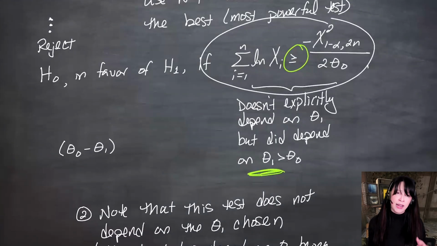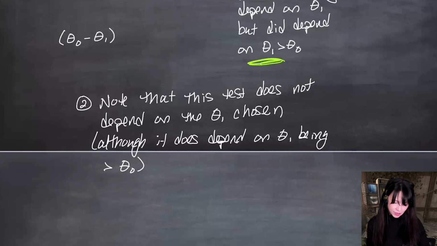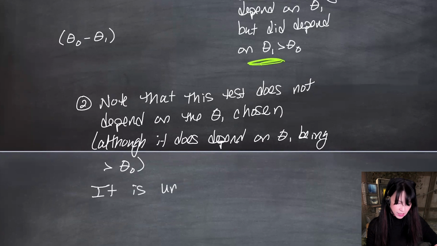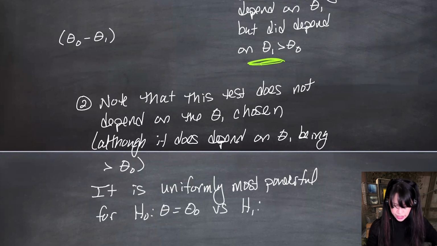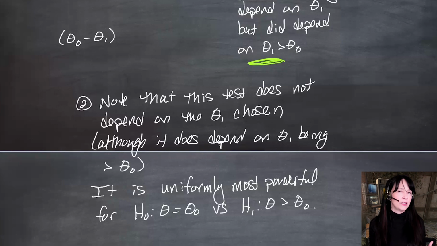This test that's in the circle now is the best or most powerful test that works for all theta 1 in that region. And so to finish this off, it is uniformly best or most powerful for the hypothesis that theta equals theta naught versus the alternative that theta is greater than theta naught, because there was no actual theta 1 in this part of the problem.